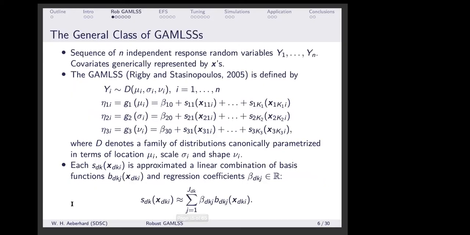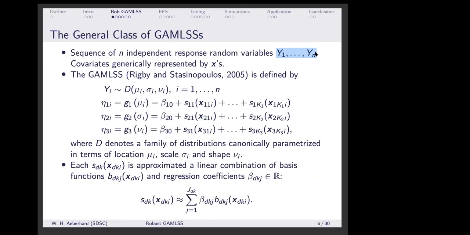All right, I think it's worth defining this class of GAMLSS a little bit better. So we have a response vector, y1 up to yn. Each of these random variables is univariate for the sake of simplicity, really. They are independent. I could give a few words near the end, if you're interested, to discuss how we could relax this.